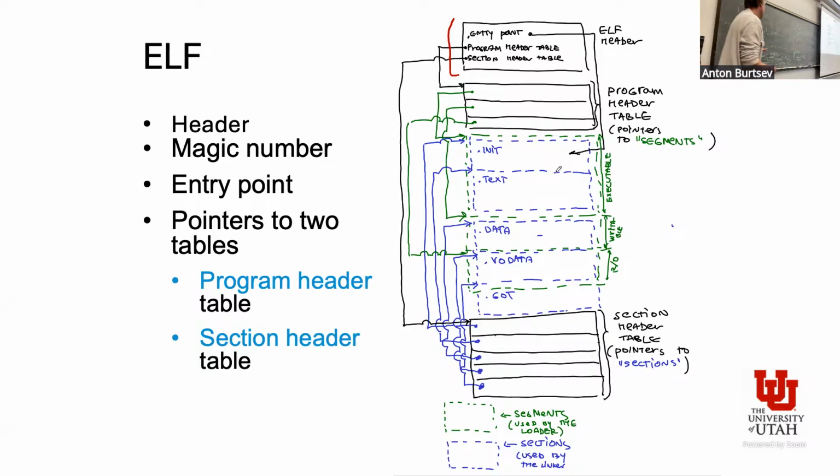Why would you do that? The original reason is that when you have dynamically loaded libraries, such as a DLL on Windows or a shared object on Linux, and they are linked to overlap, that creates a problem.